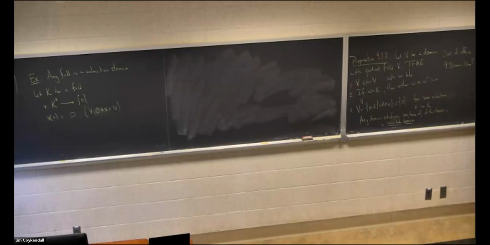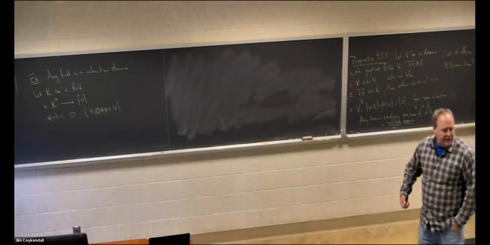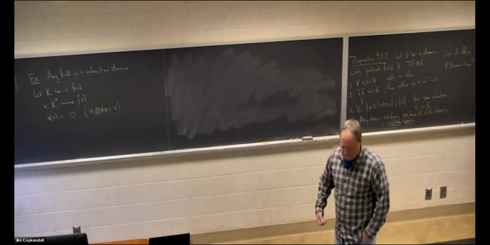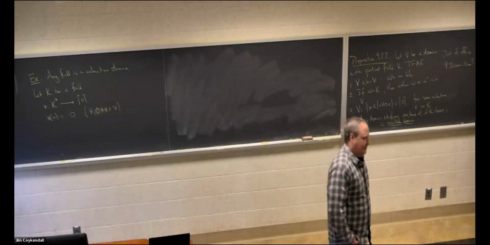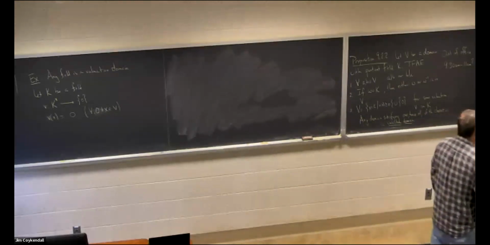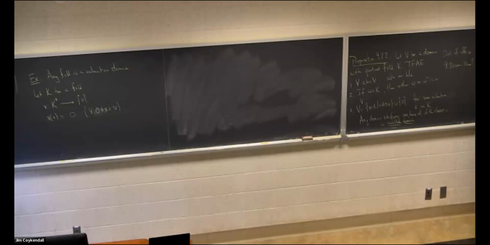How about an example of a valuation domain that's not so trivial? So we have to have a non-trivial value group. Anybody think of one? I'm looking for an example of an integral domain where if I have any two non-zero elements, one divides the other.